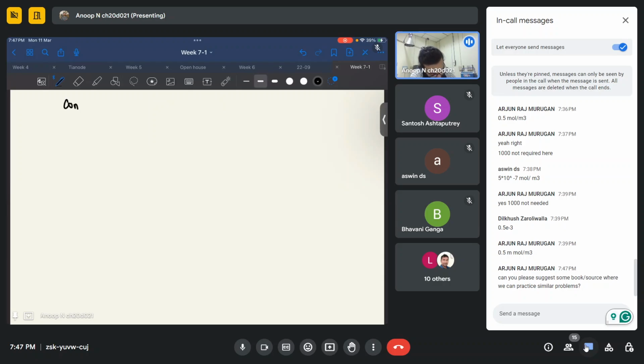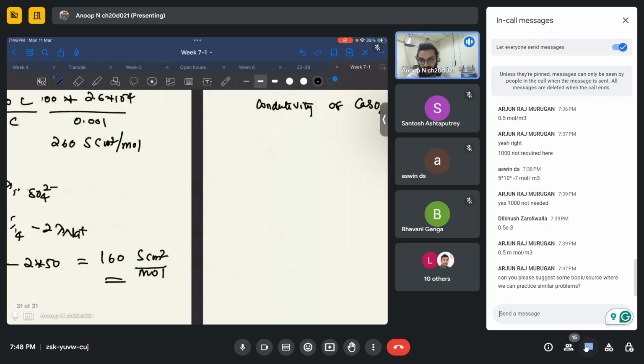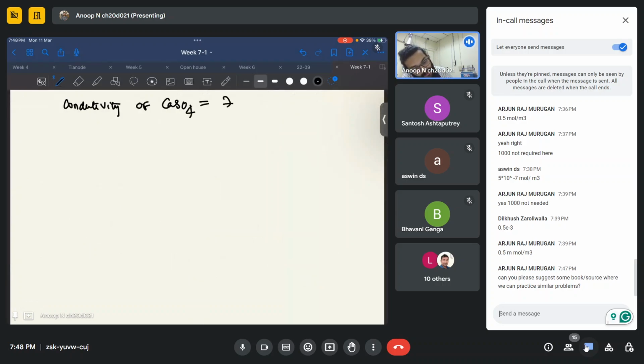So the conductivity of CaSO4: similarly we can write the total conductivity, the value is 7, right? The total conductivity is 7 at saturation.